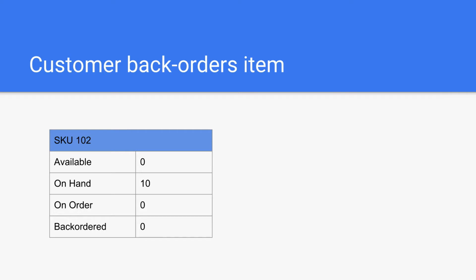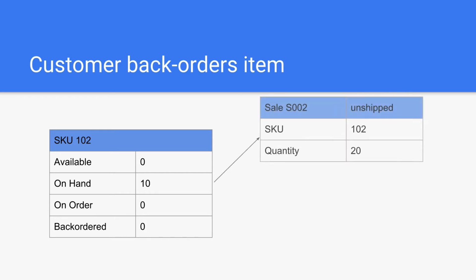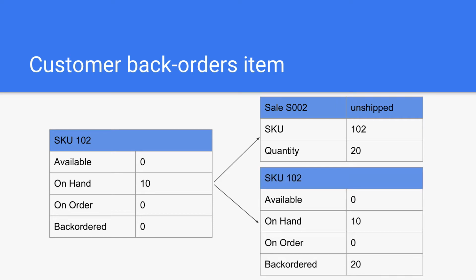So if a customer back orders an item, this is for SKU 102, for which we have no available inventory. We do have 10 on hand, but the customer can't order those because those are ready to go on a truck to another customer. So what happens here? We create our sale order. The customer's ordered 20, it's unshipped, and we update our SKU 102 inventory to say that we now have 20 back ordered. So we've just updated the back ordered field.